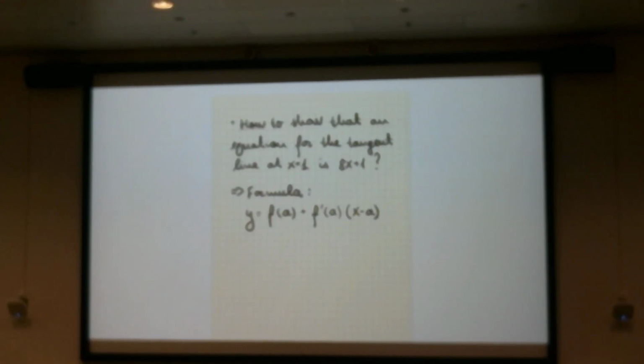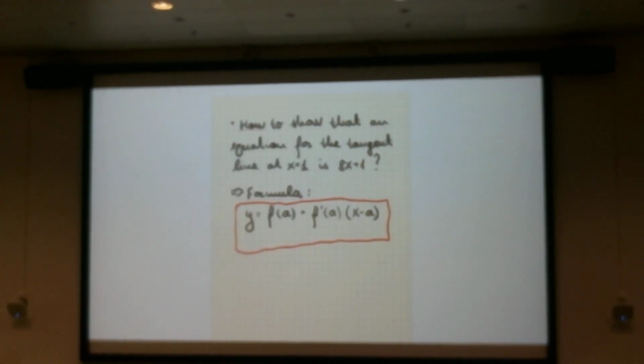So that's the formula for a tangent line at a specific point, and that point is a. In our example, a is equal to 1.